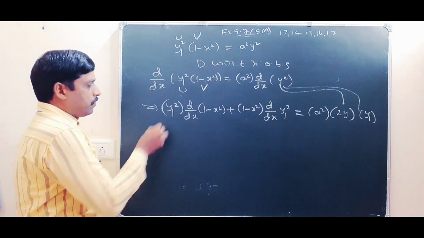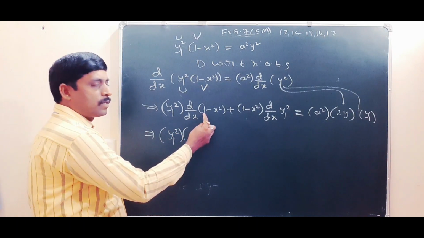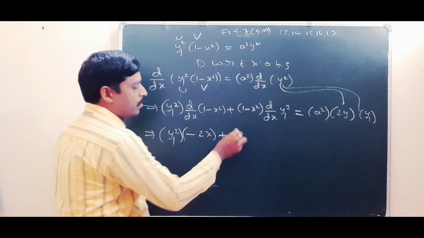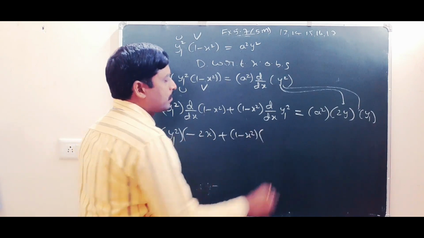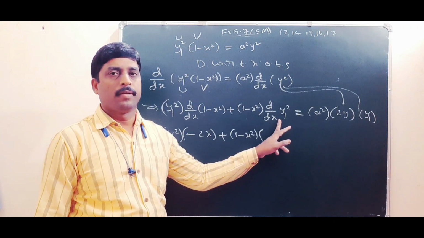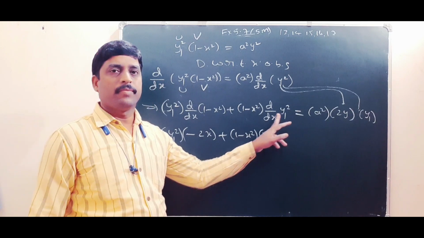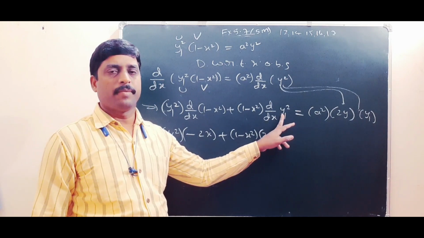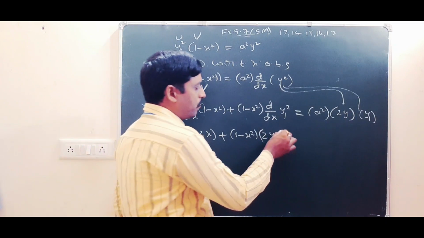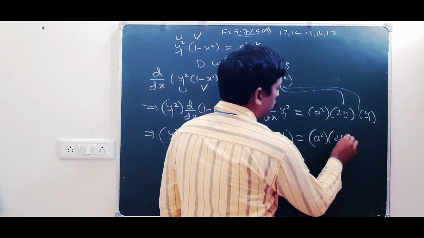It will be y1 square into differentiation of 1 is 0, differentiation of minus x square is minus 2x, plus 1 minus x square into differentiation of y1 square, 2y1, but differentiation of y1 with respect to x, y1 is dy by dx, we get y2, equal to a square into 2y into y1.